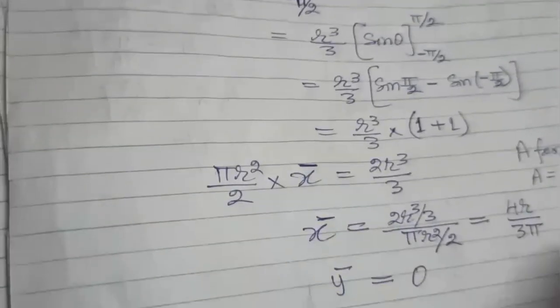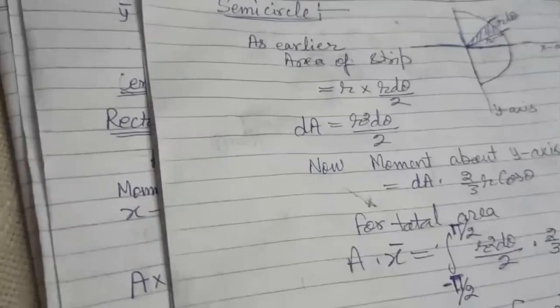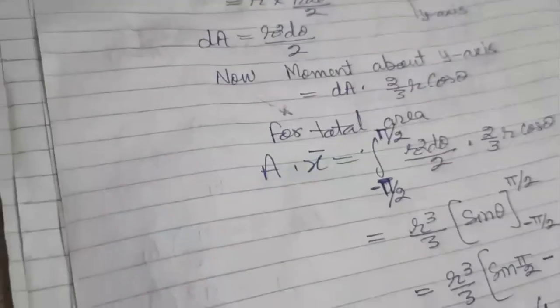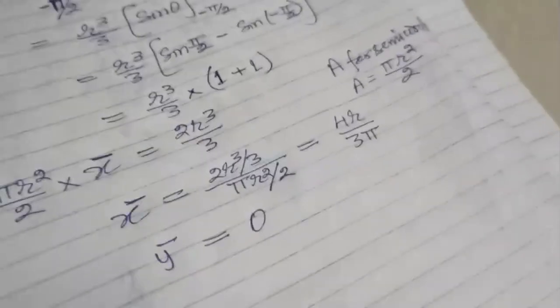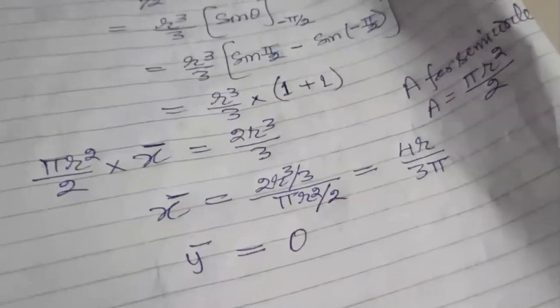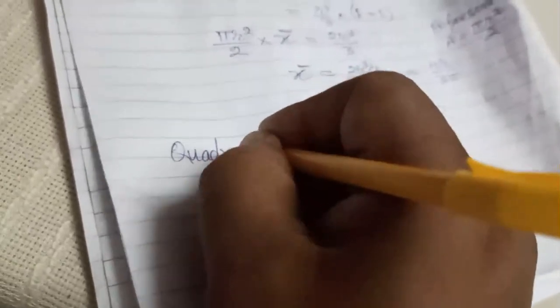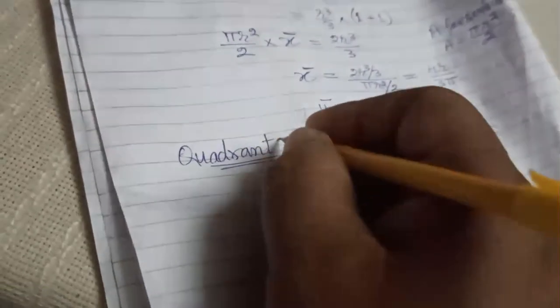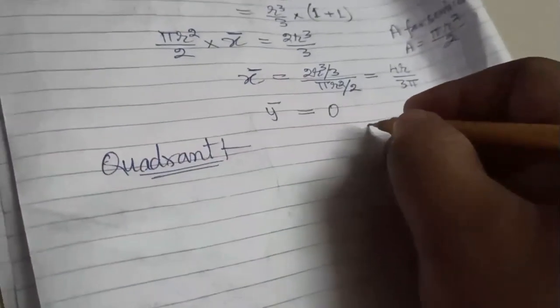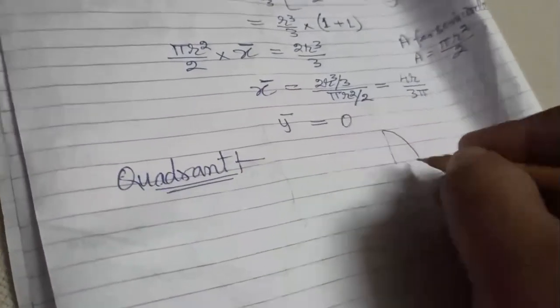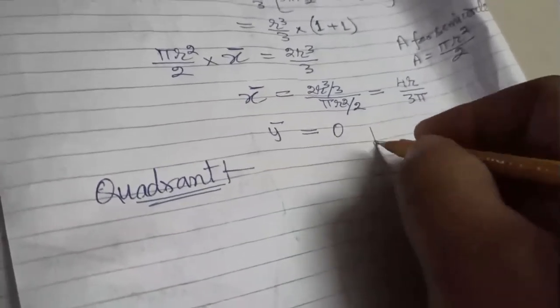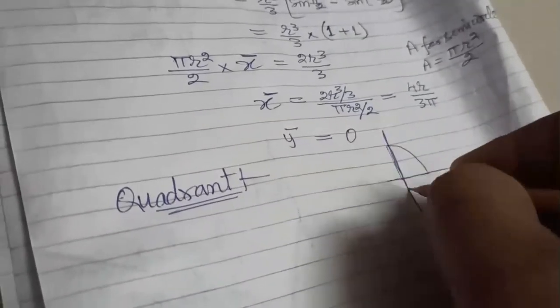Similarly, it can be done for a quadrant. So this is for a quadrant. A quadrant is like this, and these are the reference lines.